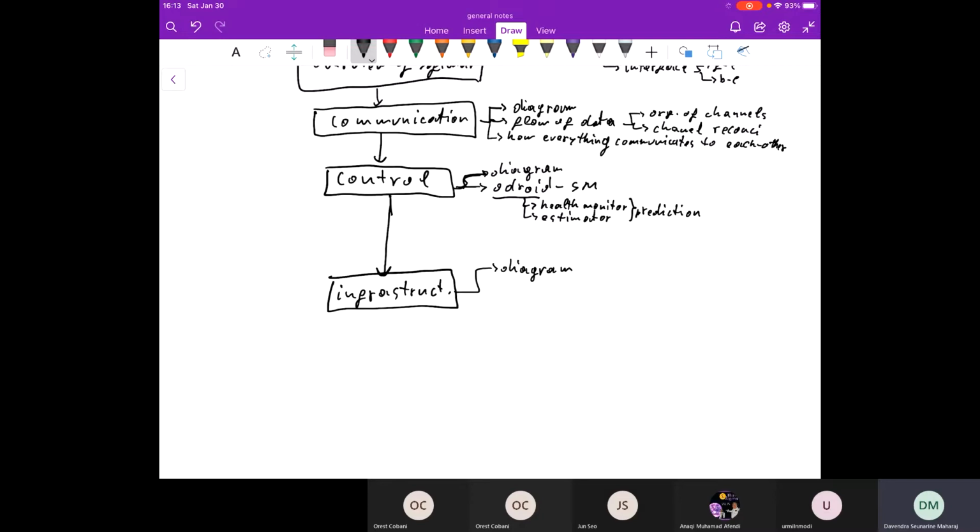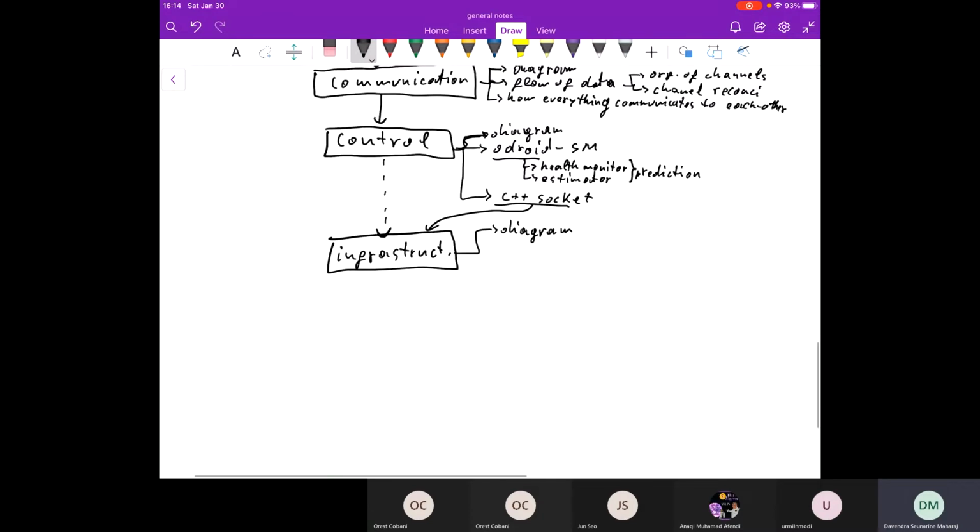From control, we have a C++ socket to the infrastructure. It's all connected: communication goes straight to control, and control goes to the infrastructure.